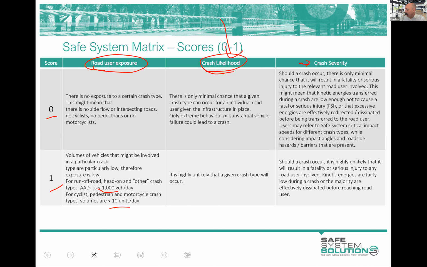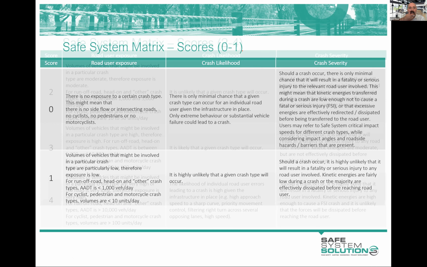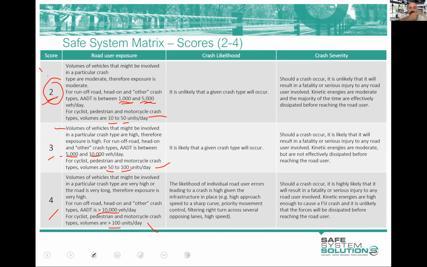But let's have a look at some of the definitions here. I'm going to jump to the next one and see what a score of 2 for likelihood is. It is unlikely that a given crash type will occur. Oh, that doesn't give us much info. It is likely that a given crash type will occur. Okay, we're not getting much help here, are we? Let's go with a 4 and see what it says. There's more words here. The likelihood of individual road user error leading to a crash is high given the infrastructure in place, e.g. high approach speeds to a sharp curve, priority movement control, filtering across several opposing lanes, high speed.